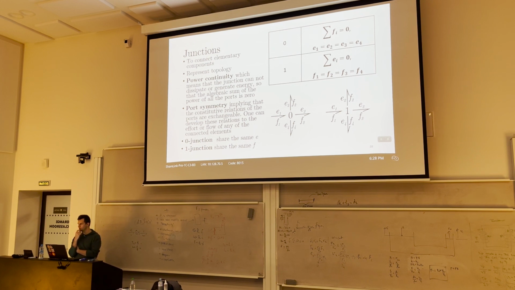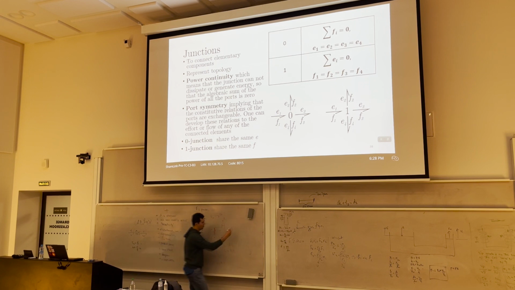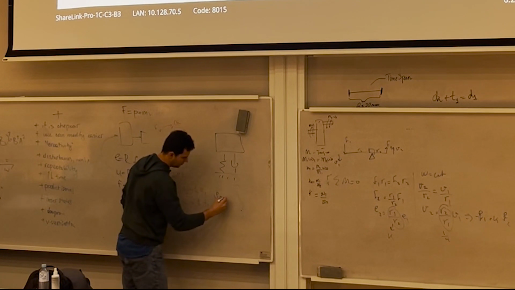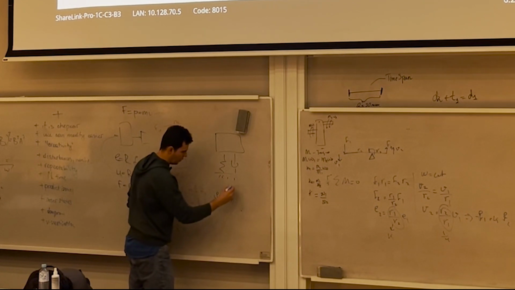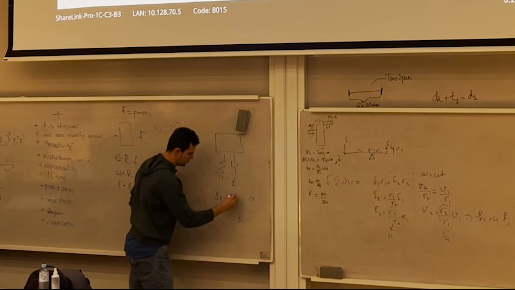Does it look like the spring mass damper system? We have the same force in the middle. We have actually for this system the same velocity and we need to sum forces. So for the mass spring damper, we had a source of effort, we had mass, we had compliance, and we have had a resistor.